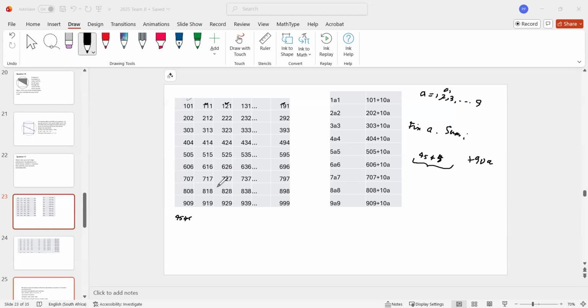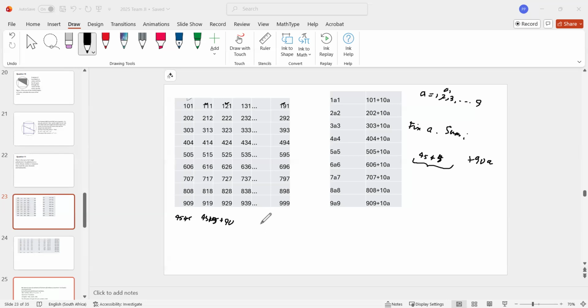This sum here is A equals 1. So it's 4545 plus 90. I don't simplify it. Why do I keep writing 4545 plus 90?